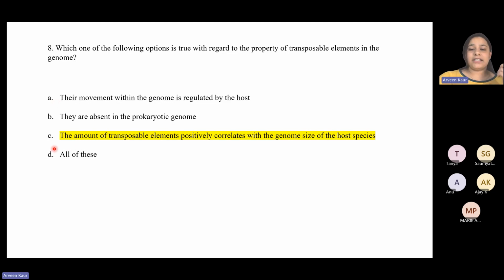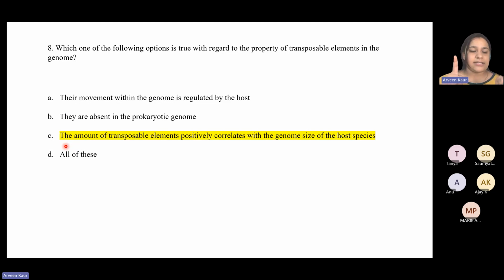Then C is definitely true, because in humans, again, I would like to refer back to the concept of gene density. Like in a 1 kb segment, yeast will have more density of genes than humans, right? So the non-coding sequences, which are not genes over here, could be anything.